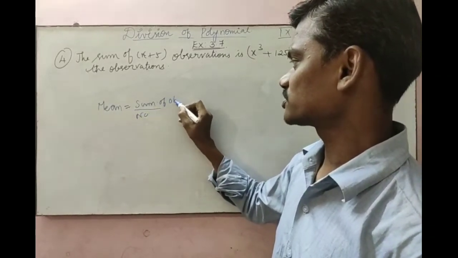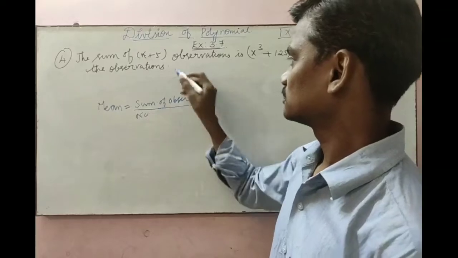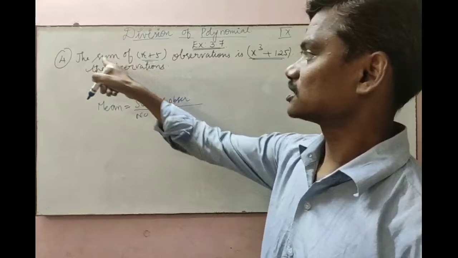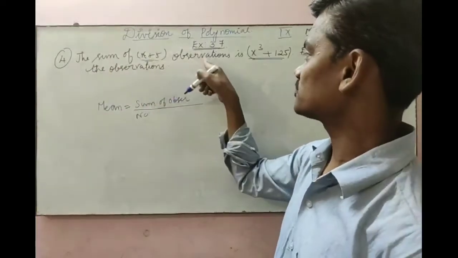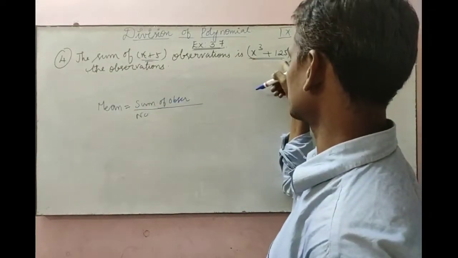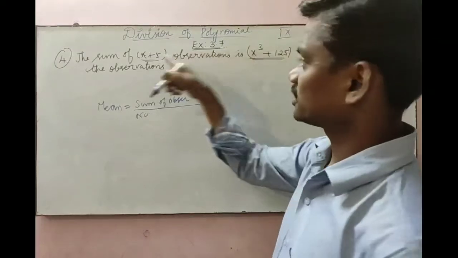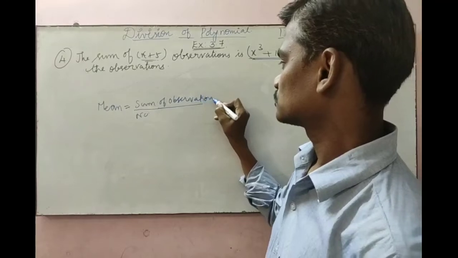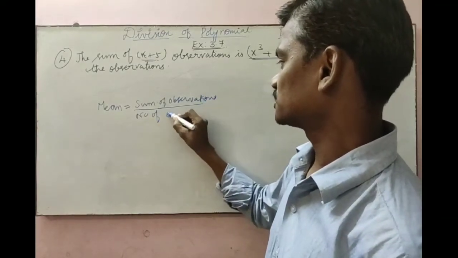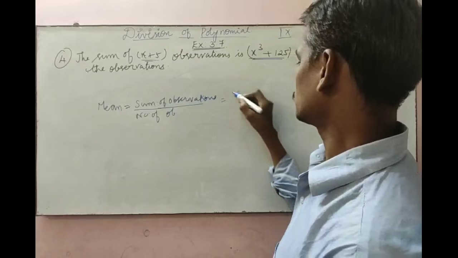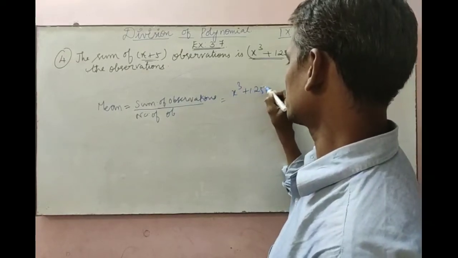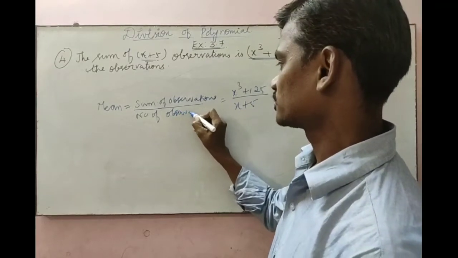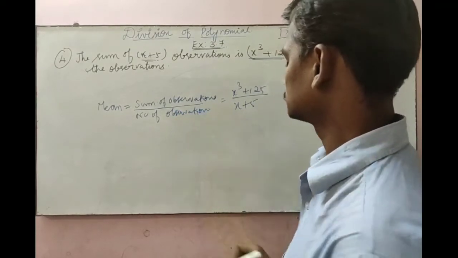The sum of x plus 5 observations is x cube plus 125. So this is the sum, and here this is the number of observations. So we have to take this x cube plus 125 and divide by x plus 5. You will get the mean.